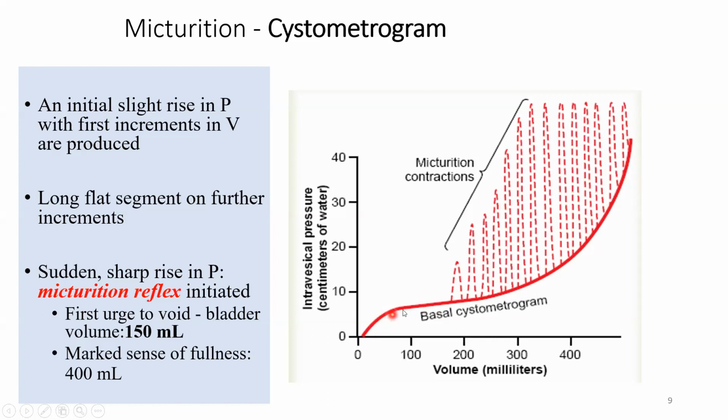This is one component, which is a direct proportion between volume and pressure. Then you have a flat area where volume is being accumulated. The initial part is where the bladder is completely deflated, and you have just introduced some volume in it. So that will register as an increased pressure.